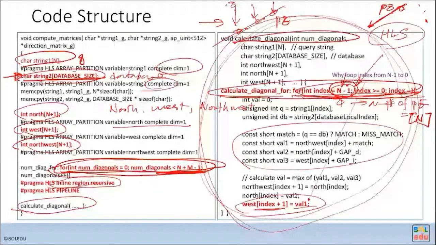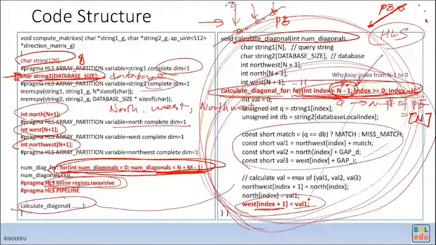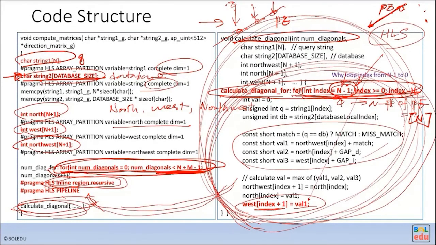Inline means this for loop is promoted to this level. The function boundaries disappear. If you rewrite the code, this for loop will be directly under this for loop.